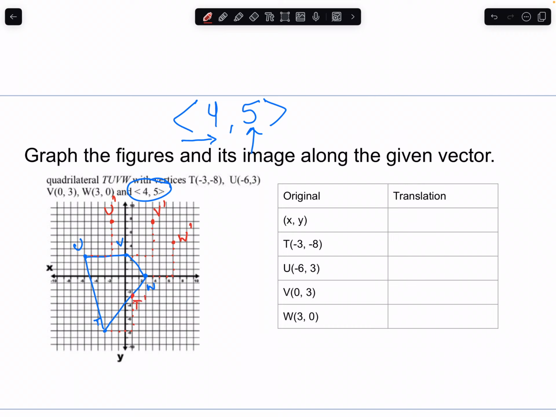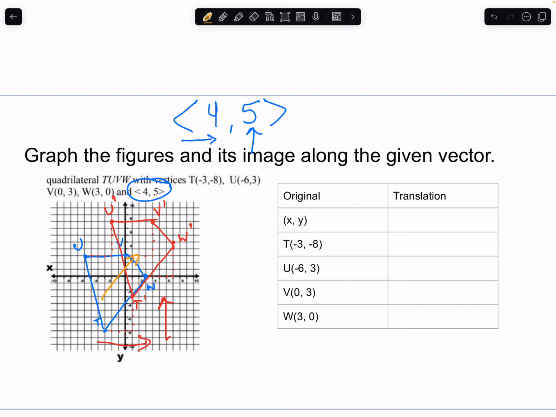Notice how when I connected them, my image shifted to the right and up at the same time. Together, we can talk about how this is a vector shift in that direction. It's moving diagonally to the right.